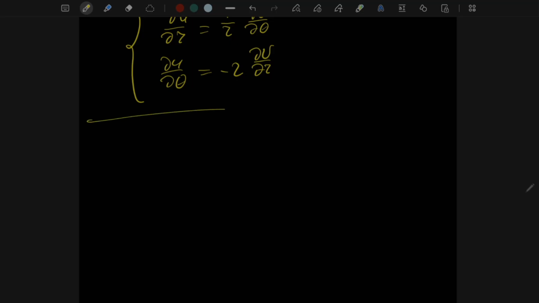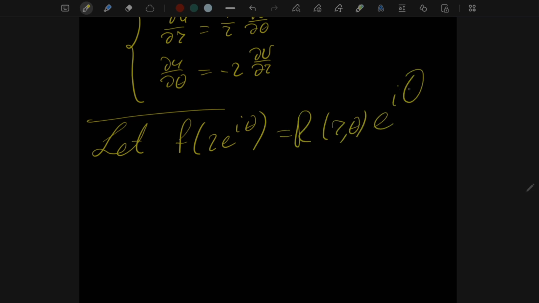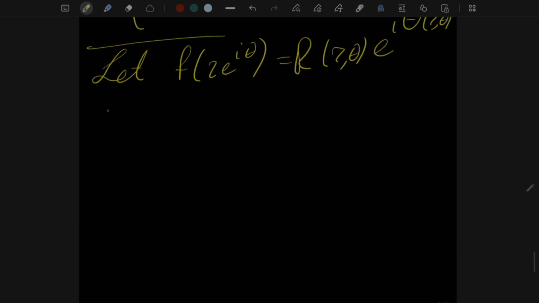Now we have the last one, and we assume that both the function and the argument are in their polar form. So when we differentiate everything by r, on the left side we get simply the e to the i theta part, and on the right side we get everything that was taken before when we had the algebraic argument.